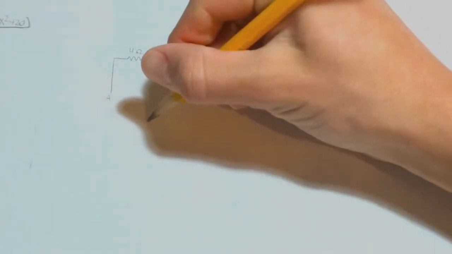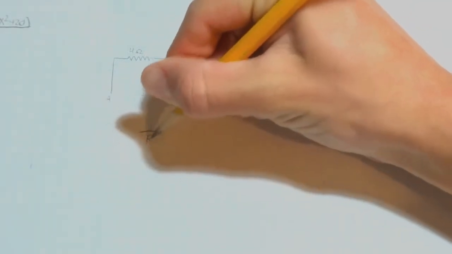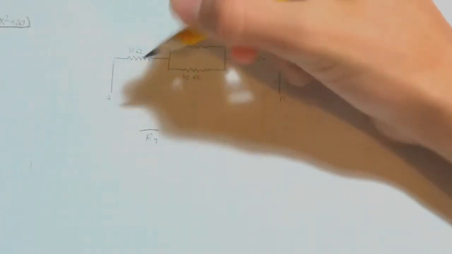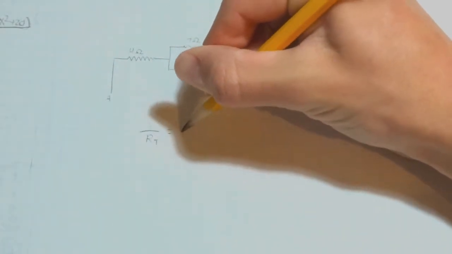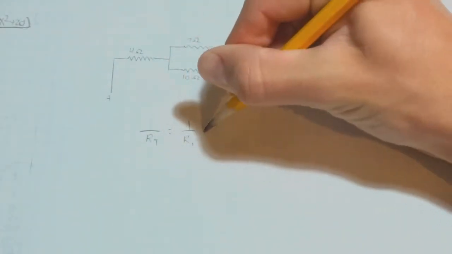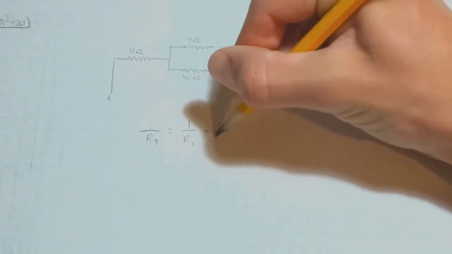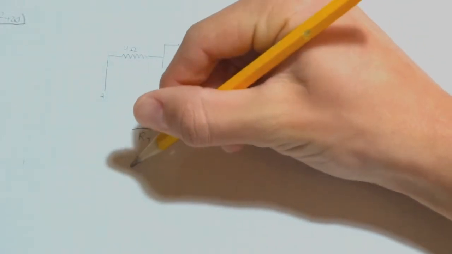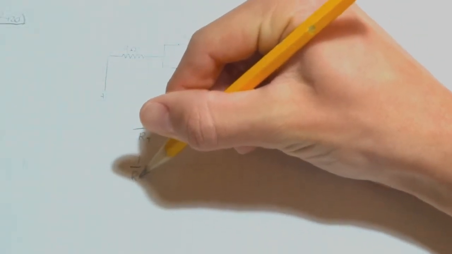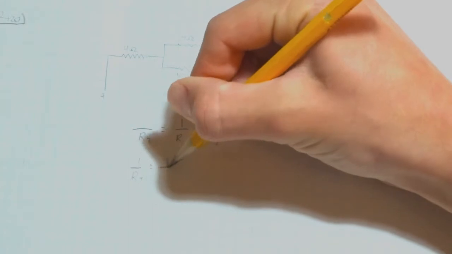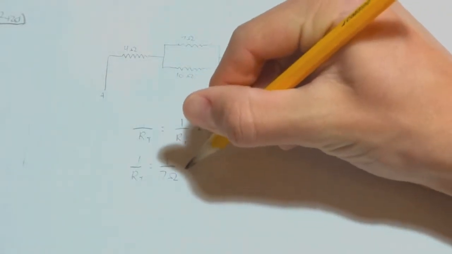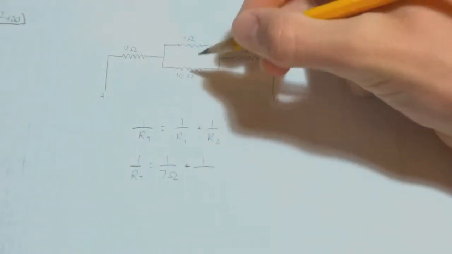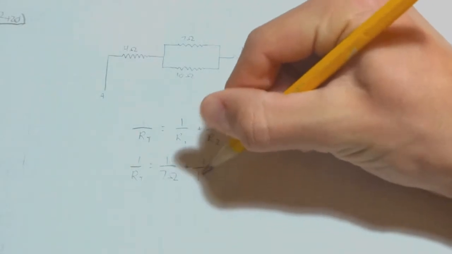So, 1 over R total equals 1 over R1 plus 1 over R2. And then 1 over R total equals 1 over our first resistor, 7 ohms, plus 1 over our second resistor, 10 ohms.